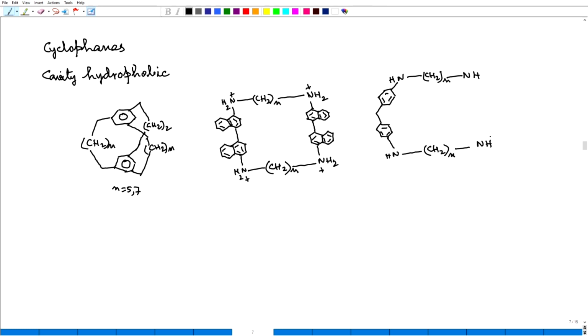As I sometimes manage with cartoons, here also I will manage with a cartoon. We do not have too much time to play around with writing structures. These kinds of compounds can be made soluble in aqueous medium when the nitrogens are protonated with acids. So, these can be water soluble cyclophanes.